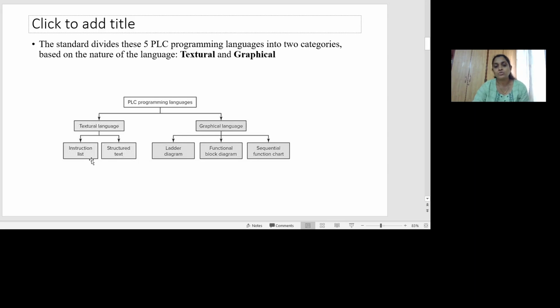Here we use text in order to program the PLCs, whereas in the second category, we have the ladder diagram, functional block diagrams, and sequential function chart. Here we use either a flow chart, a ladder diagram, or block diagrams. So all these three come under the graphical based languages, whereas instruction list and structured text come under textual based languages.